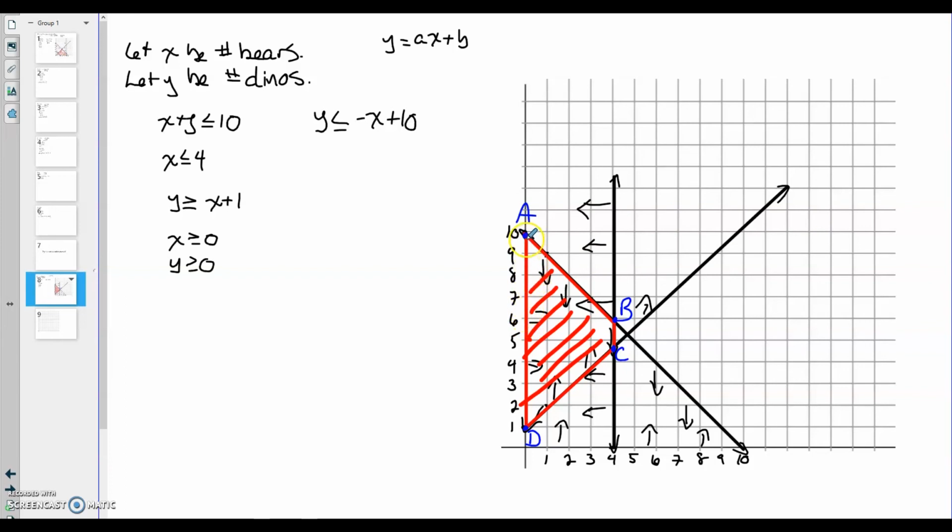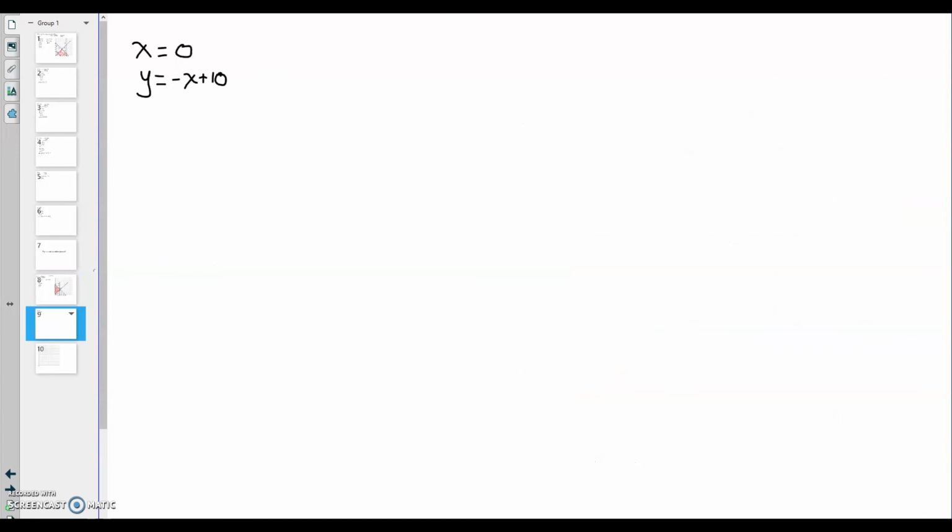Now we want to find the x and y coordinates of each of those points. To do that, we're going to look for the intersection of sets of lines. So here we've got the y-axis, which we know is x equals 0, and this other line, one of the first lines that we graphed, which is y less than or equal to negative x plus 10. Let's solve that. We take our 2 inequalities, turn them into equations, and then solve. In this case, substitution is an easy method.